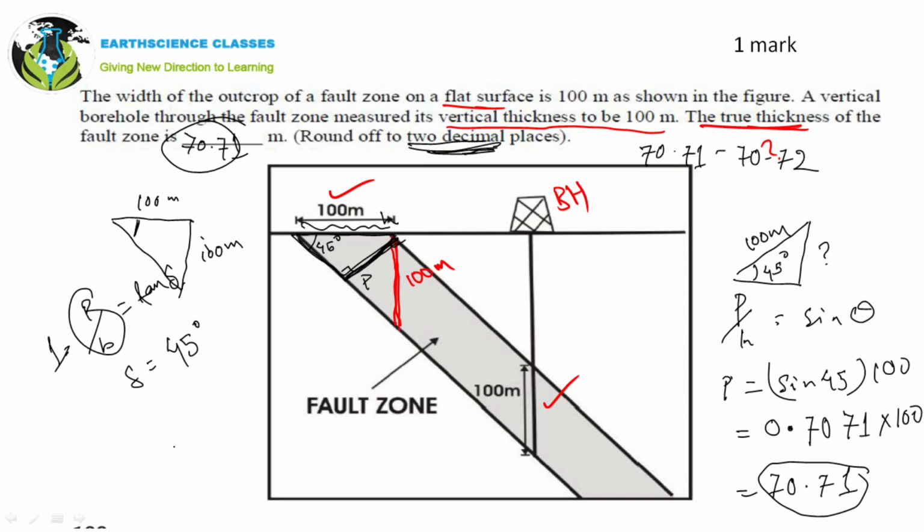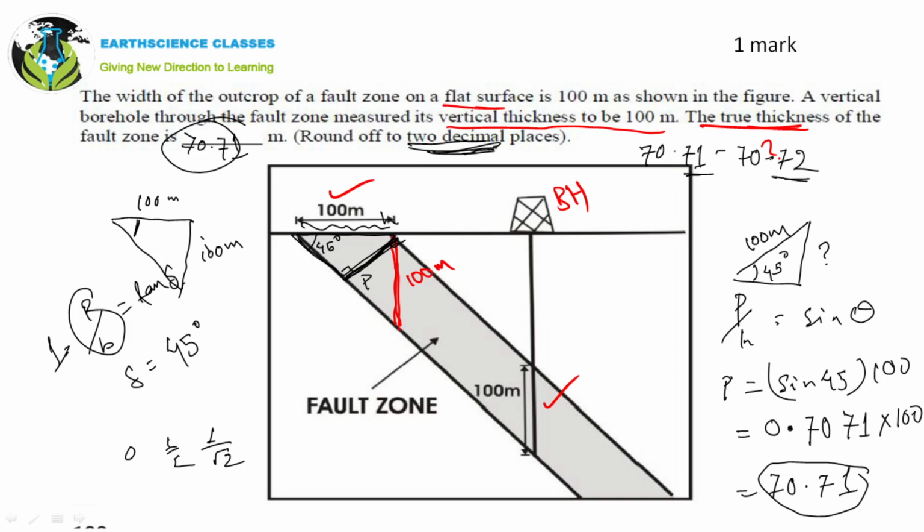Sine 0 is 0, sine 30 is 1 by 2, then sine 45 is 1 by root 2. If you have calculated like that, the decimal difference will be there, some 1 or 2 difference in decimal value. So it's okay if you have calculated something between 70.71 to 70.72.